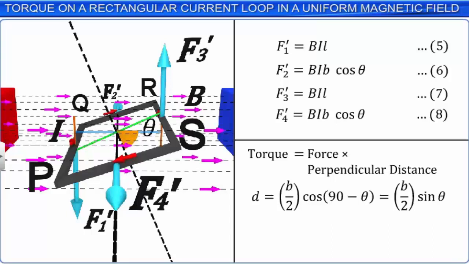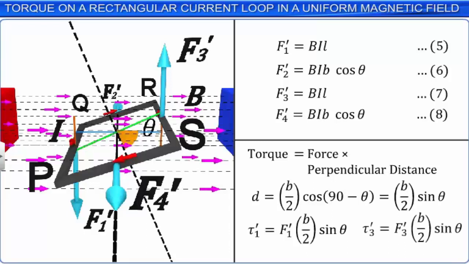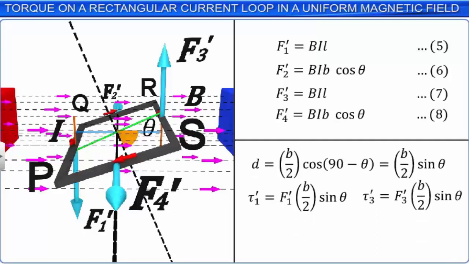Thus, the torque τ1' on the loop due to F1' is equal to F1' b/2 sin theta. Similarly, the torque τ3' on the loop due to the force F3' is given by τ3' is equal to F3' b/2 sin theta. Hence, the net torque τ' on the loop is given by the sum of τ1' and τ3'.